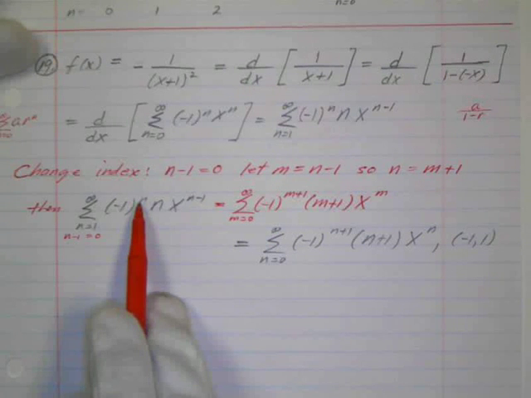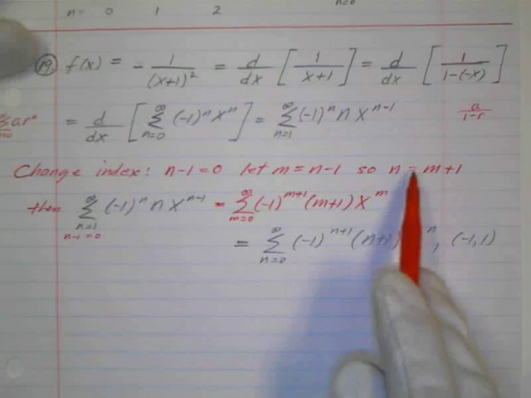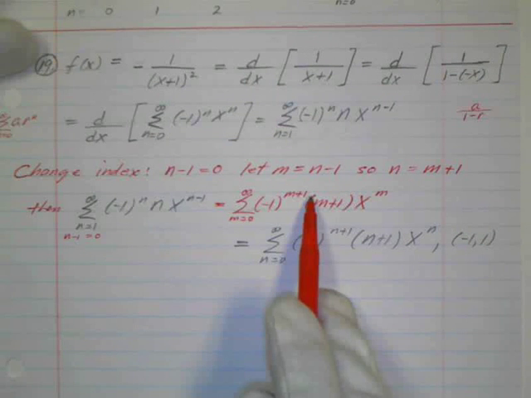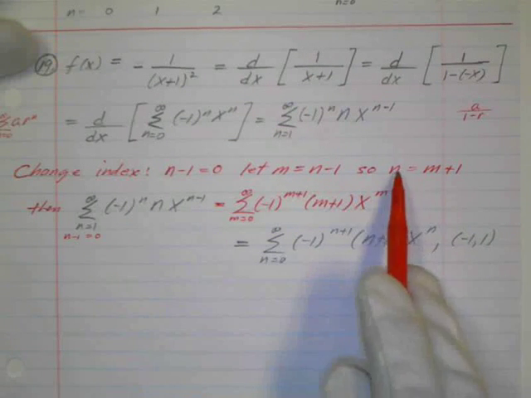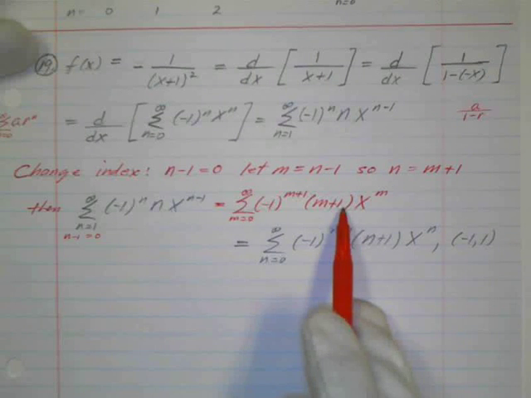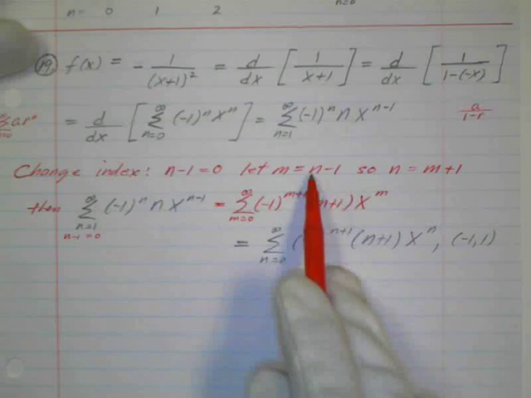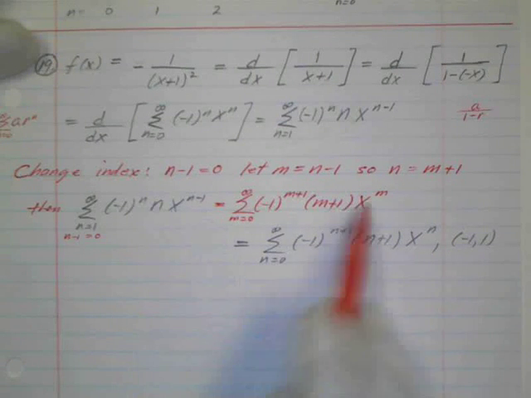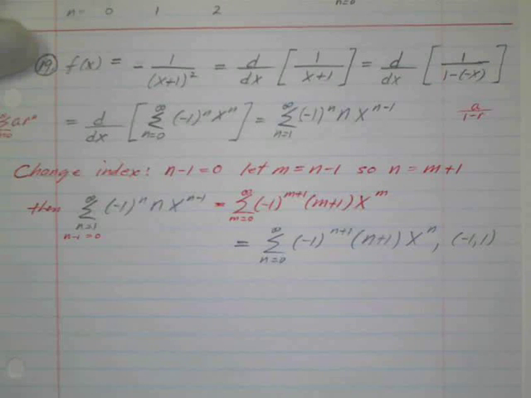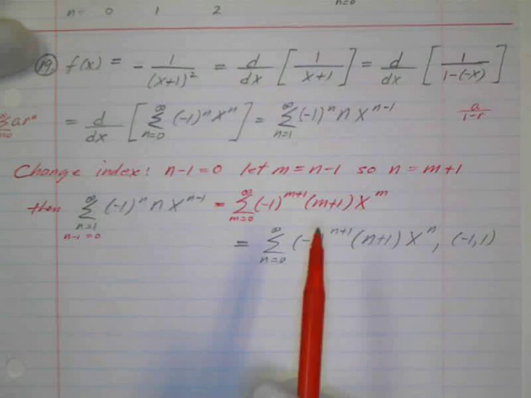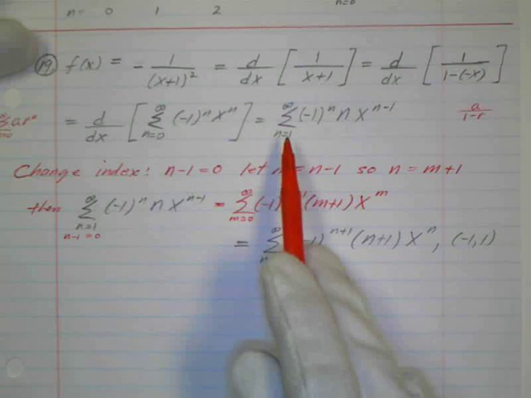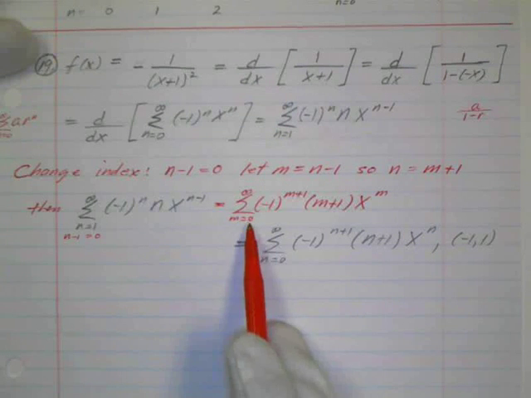And instead of writing n, I'll write m plus 1. So I've written it like this. Okay? So I've changed my index, primarily going from 1 to infinity to 0 to infinity.